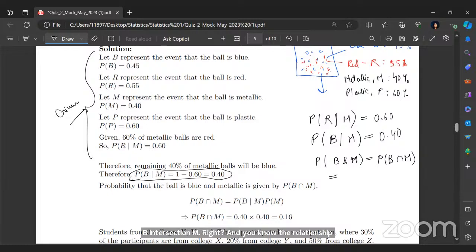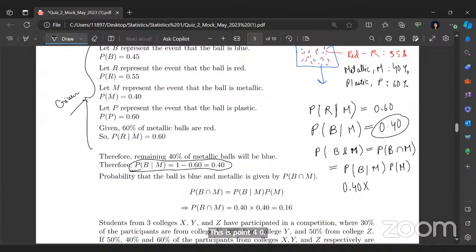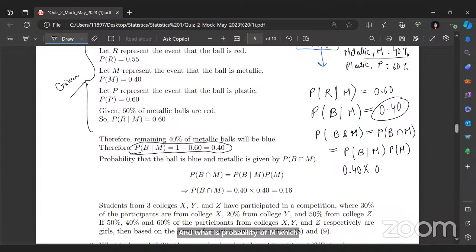So this is given by probability of B given M times probability of M. The probability of B given M is 0.40, and the probability of M is 0.40 again. So this gives you 0.16. So the probability that the ball is both metallic and blue in color is 0.16. This is the answer.